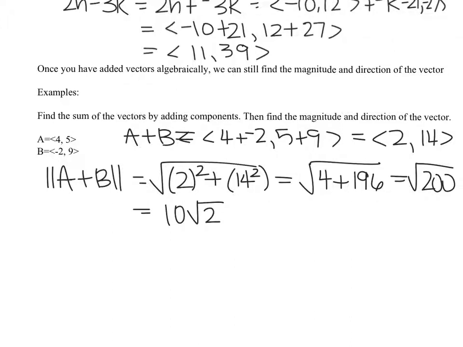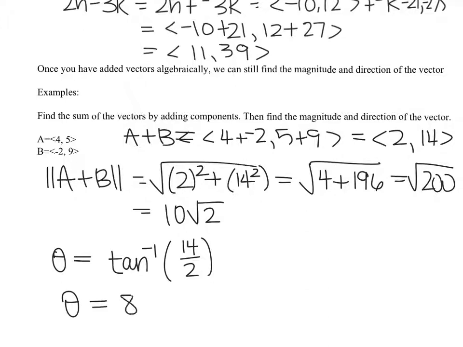Now we want to find the direction of our vector. So the angle it forms, so theta equals the tangent inverse of b, which is 14, over a, which is 2. So using a calculator, making sure it is in degree mode, you do the tangent inverse of 14 over 2, and we get theta equals 81.87 degrees.